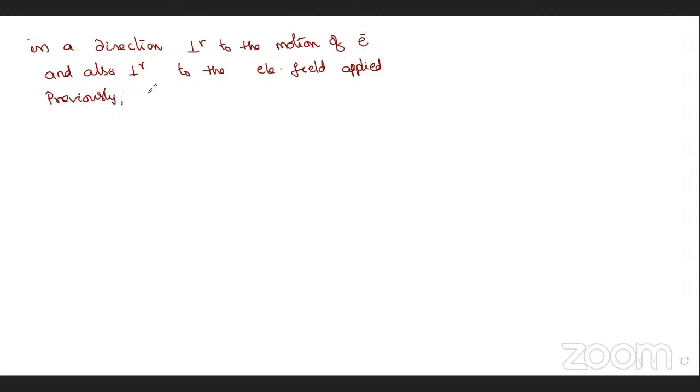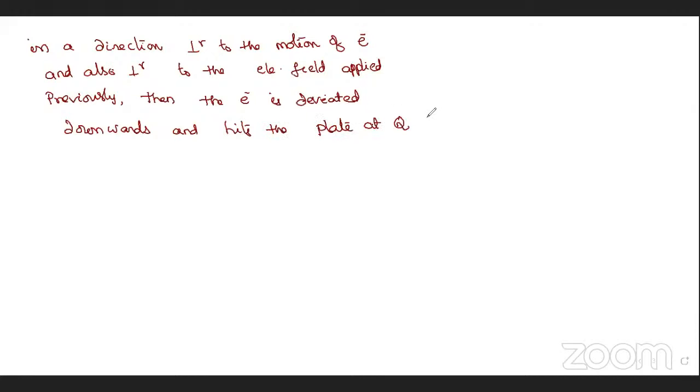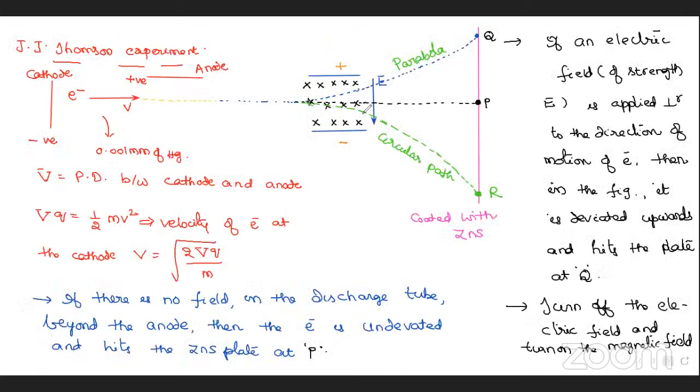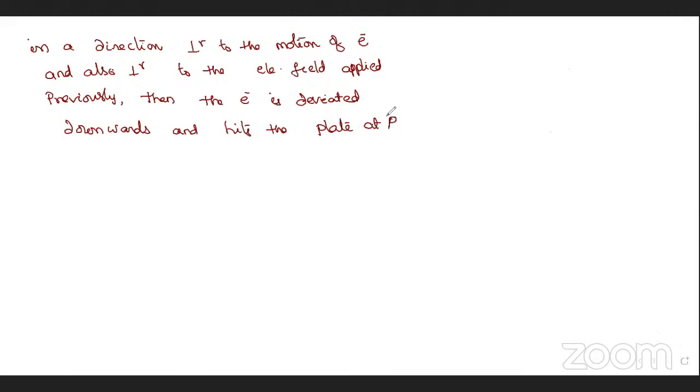Then the electron is deviated downwards and hits the plate at R.